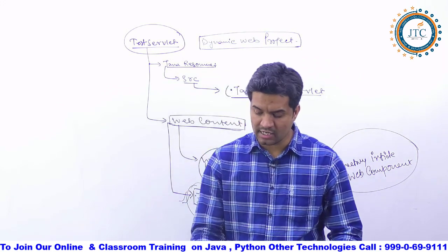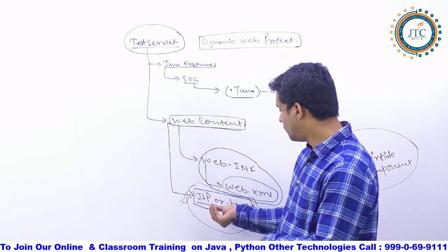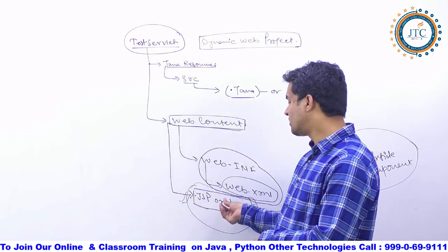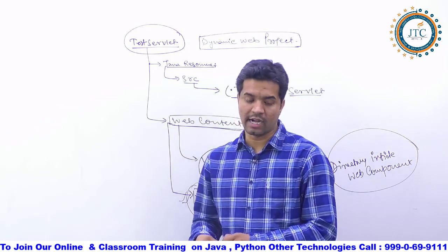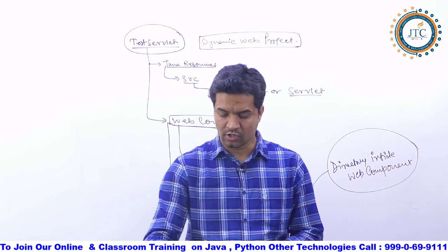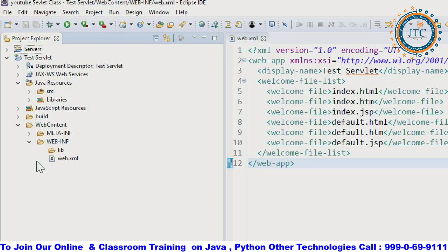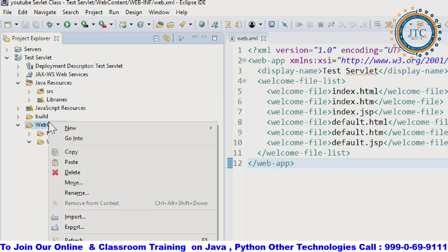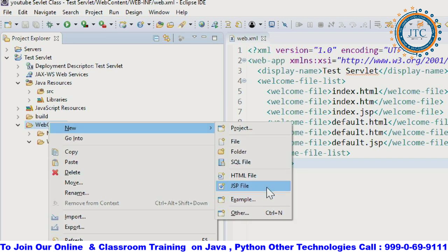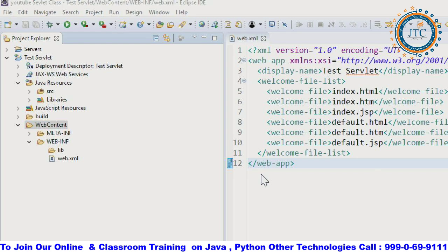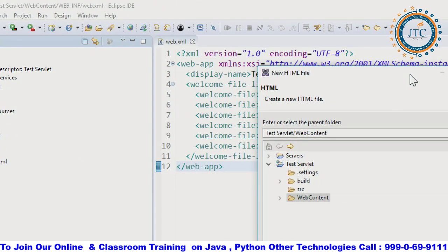So what am I going to write now? An .html or .jsp file, inside this. In the web component folder, I am writing new, and in that HTML, I am going to define a few more things.